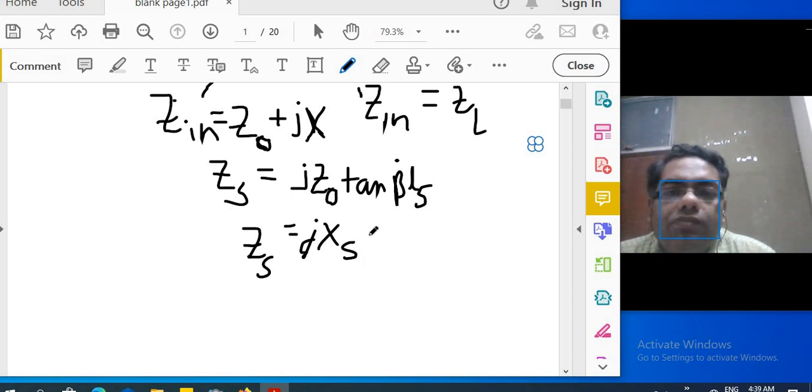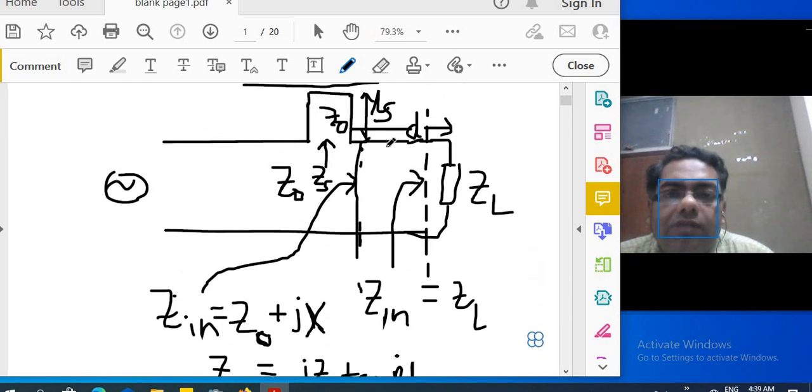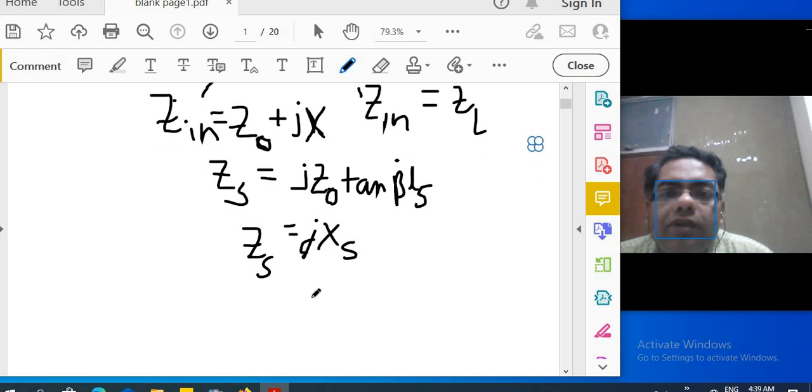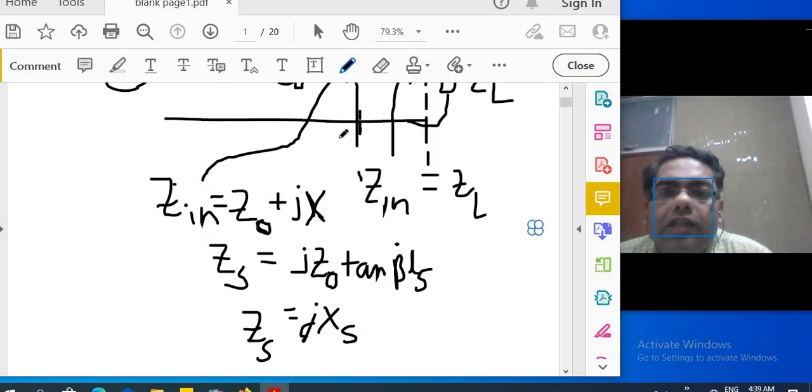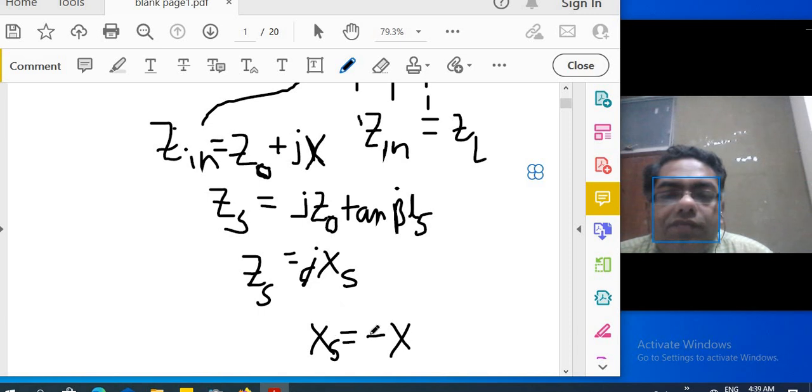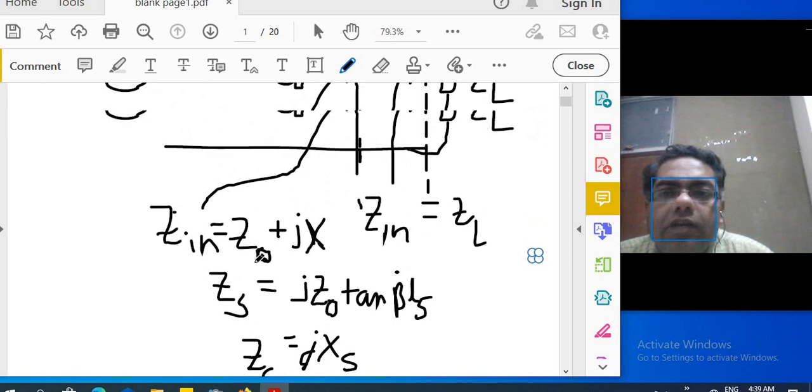Now this XS depends on the length of the stub Ls. So I can always adjust the length of the stub so that XS is the negative of X. That is, this input impedance was Z0 plus jX. If XS is the negative of X, then what is the total input impedance?